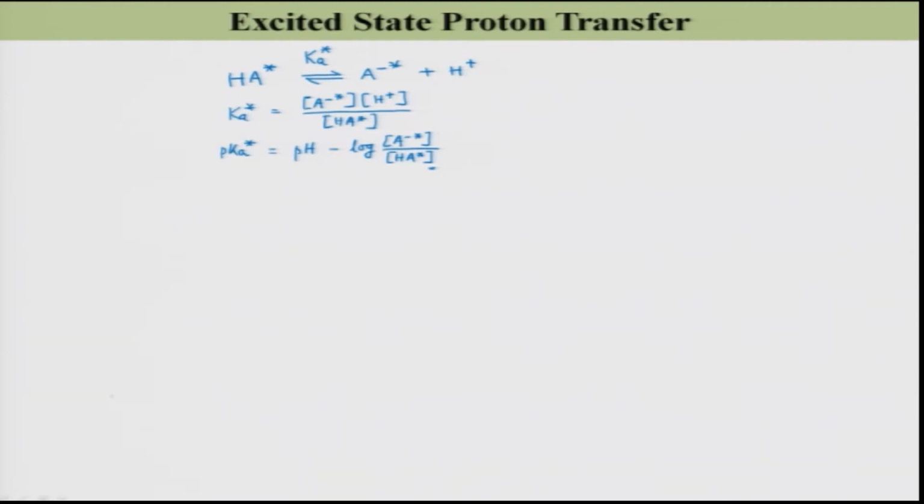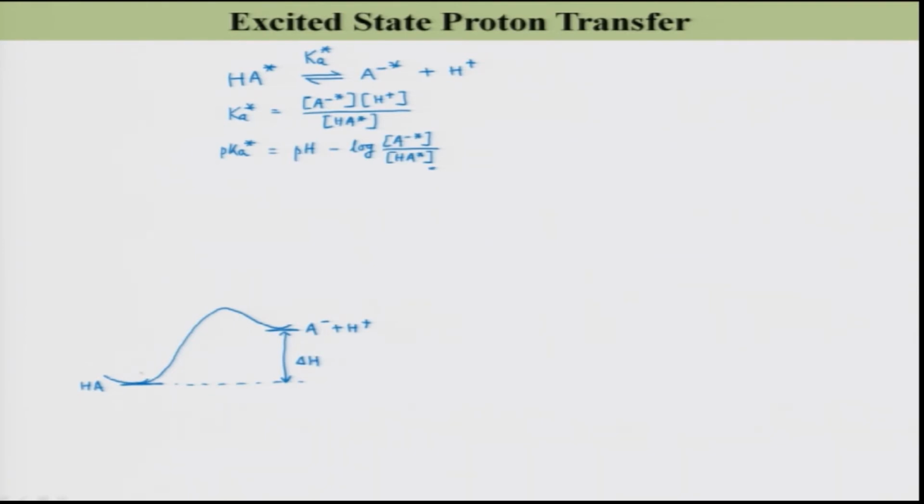Here is my ground state, and this is your HA and this is your A minus plus H plus, and this is, let us say, delta H, the energy difference between these two.